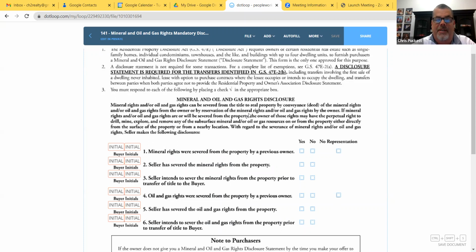And then number three says you must provide to each of the following by placing a check mark in the appropriate box.